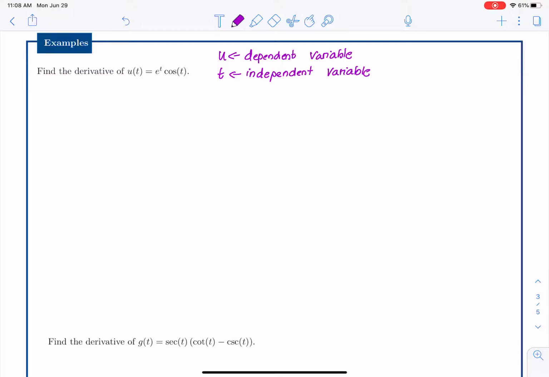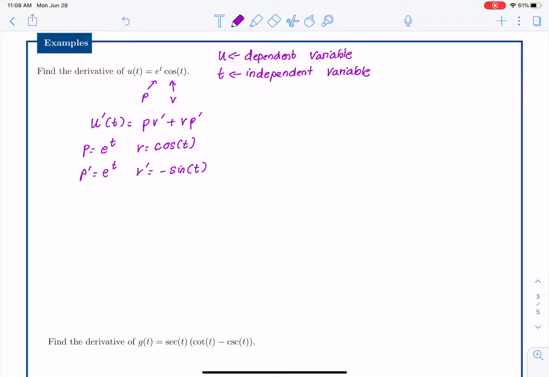So I'm simply going to call e raised to t as p and cosine t as v. So u prime of t is p v prime plus v p prime. So p is e raised to t, v is cosine t, p prime is e raised to t, v prime is negative sine t, based on our derivation.